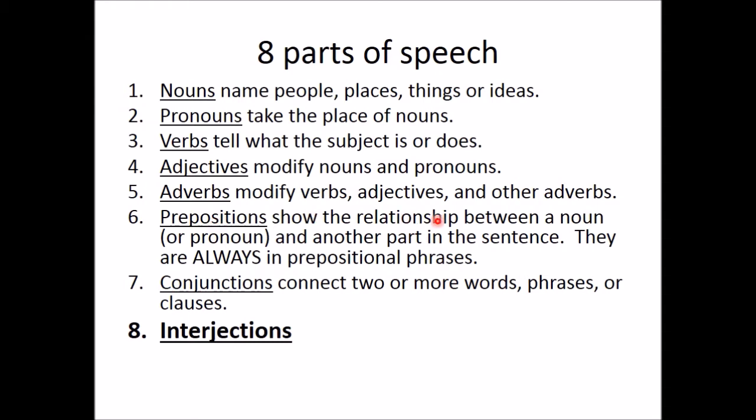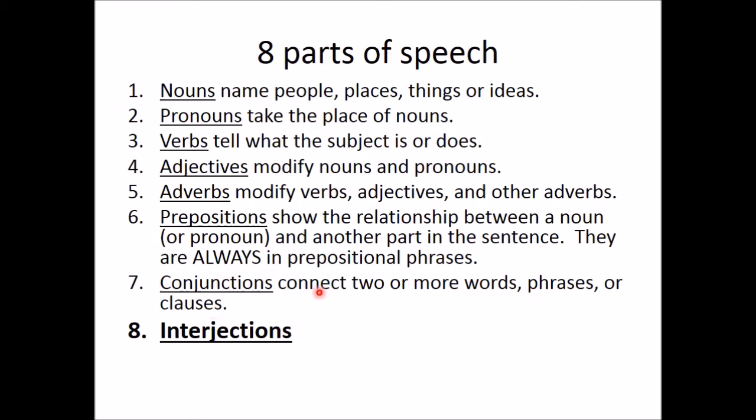Prepositions show the relationship between a noun or pronoun, because pronouns can do anything nouns can do, and another part in the sentence. Prepositions are always found in prepositional phrases, and those phrases will include the preposition as well as a noun, and that noun is called the object of a preposition. Conjunctions connect two or more words, phrases, or clauses.